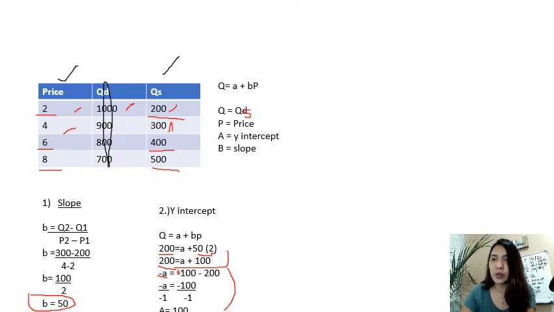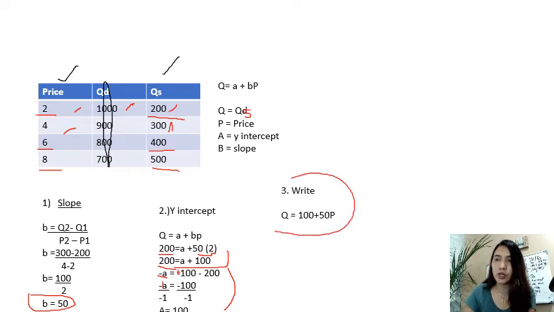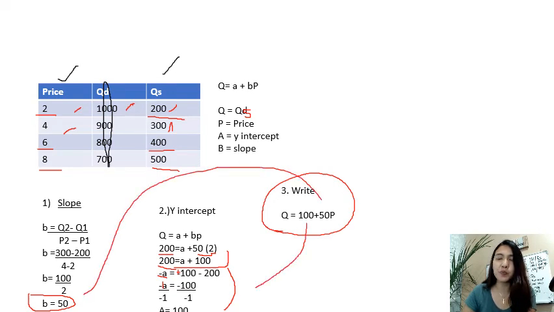So negative A is now equal to negative 100. And as I have said, this is a coefficient of 1. You divide both sides by negative 1. You have A is now equal to 100. So that's your y-intercept. And then the last is you write your supply function equation. So Q is equal to 100 plus 50P. So this is your supply function equation.